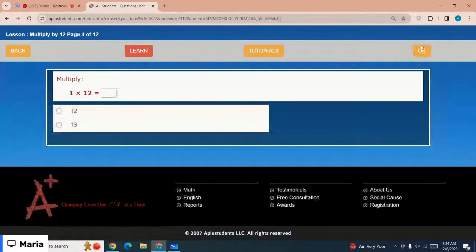The next one is 1 times 12. So which is the correct option? Yes, 1 times 12 is 12. The correct option is 12.